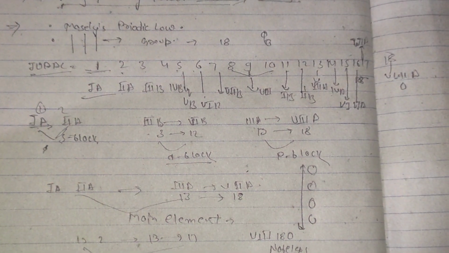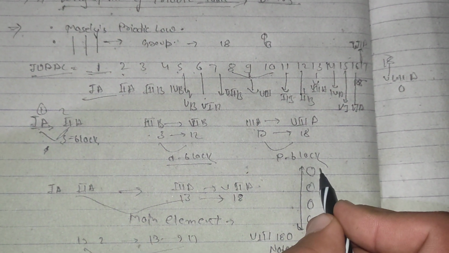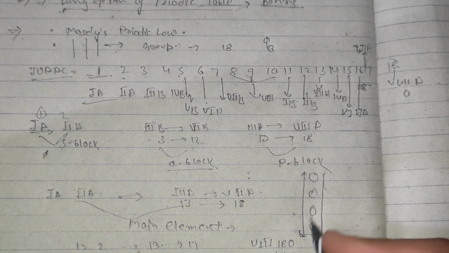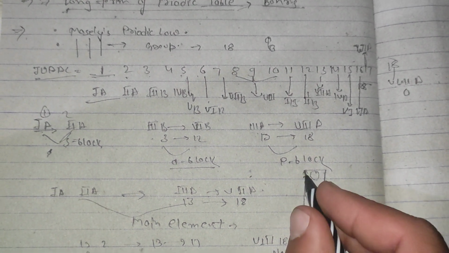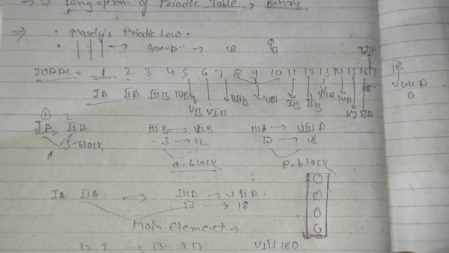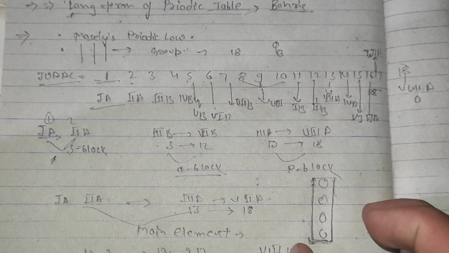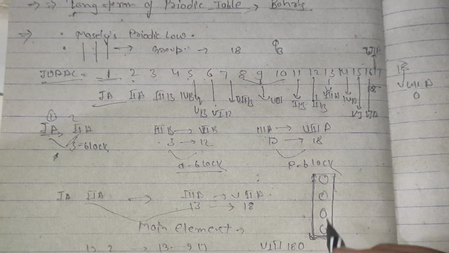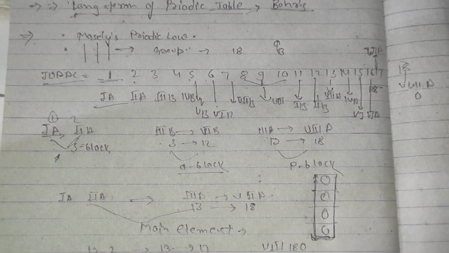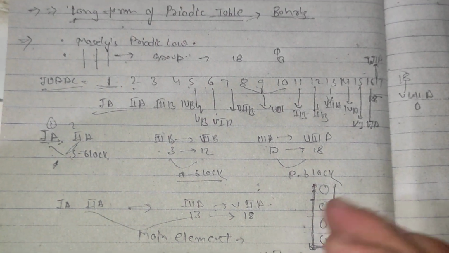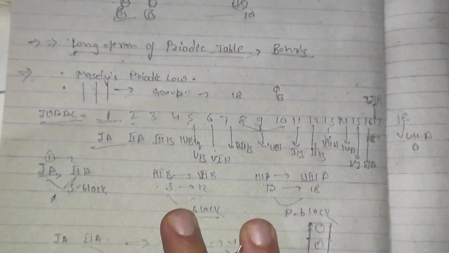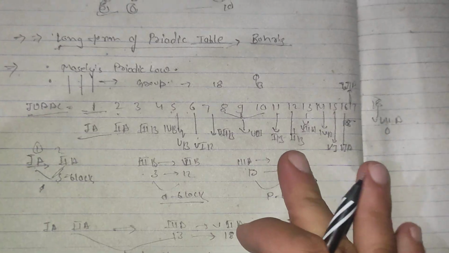Each element placed in a group has the same valence shell electron configuration, that is the electrons in the valence shell, so the properties are similar. So there are 18 groups. In the next video we will learn about the vertical columns, the periods.